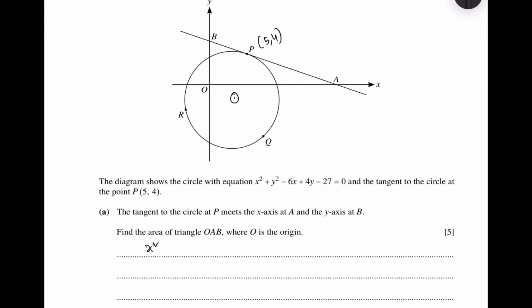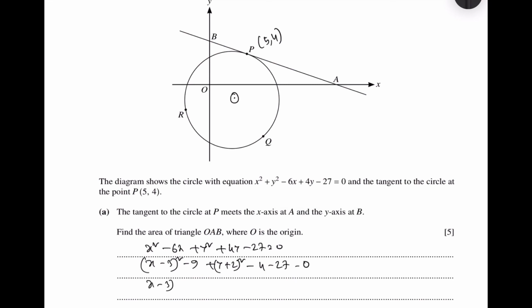So x square minus 6x y square plus 4y minus 27 equals to 0. So x minus 3, those who are capable of doing directly, you can do that, no problem. Minus 9 y plus 2 whole square minus 4 minus 27 equals to 0.